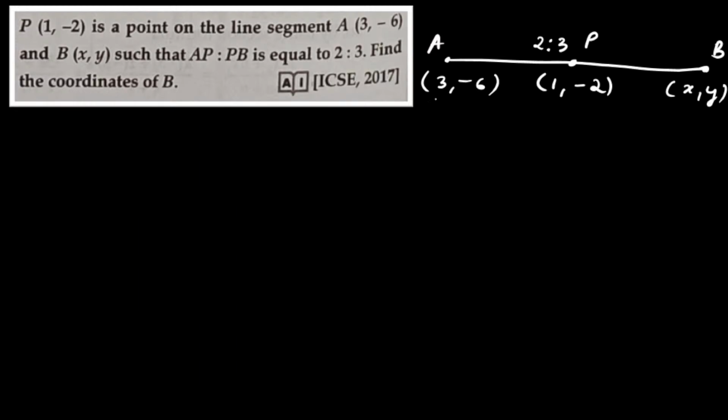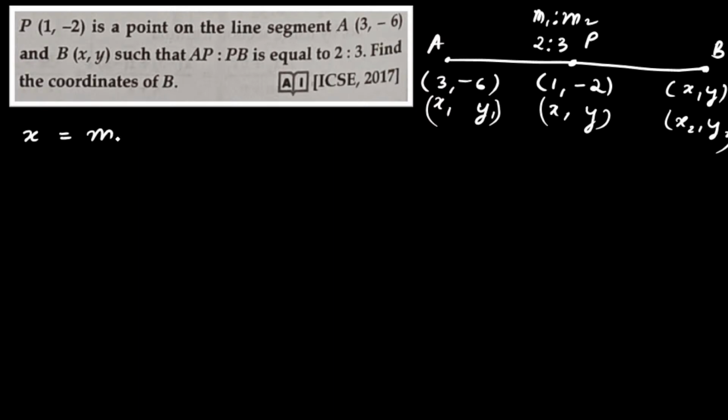First of all, write it down. X1, Y1. This is XY. And coordinates of B are X2, Y2. And the ratio is M1 is to M2. So we'll use the section formula of X is equal to (M1 x2 plus M2 x1) by (M1 plus M2).